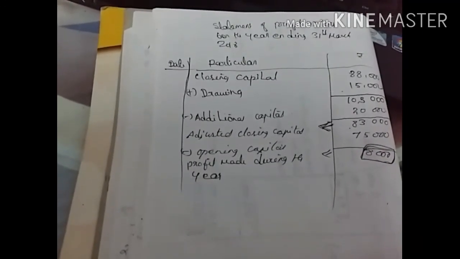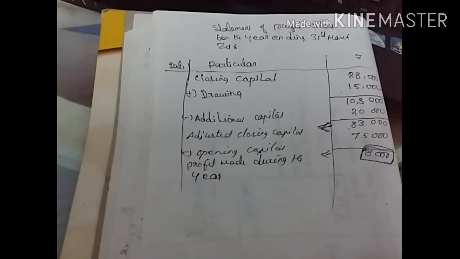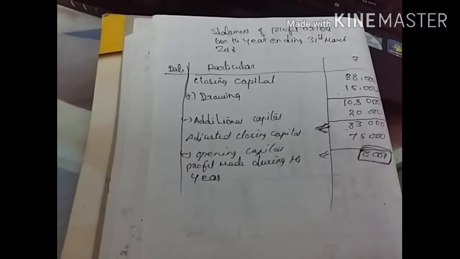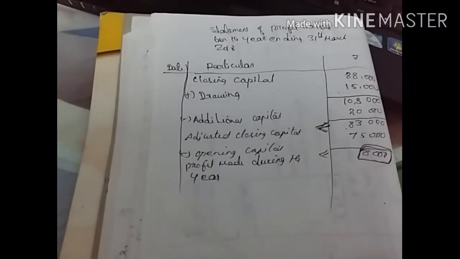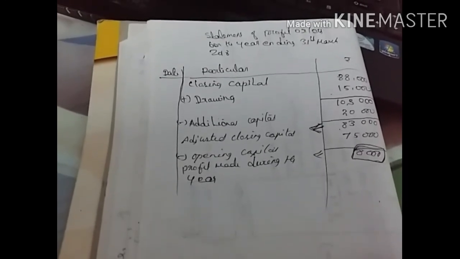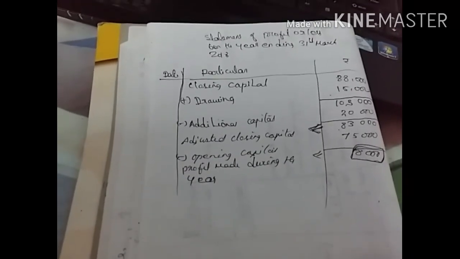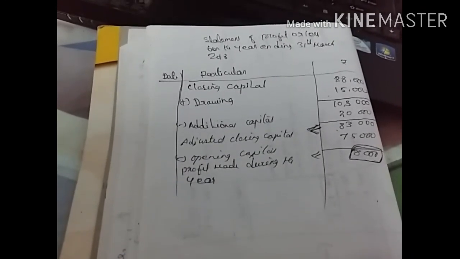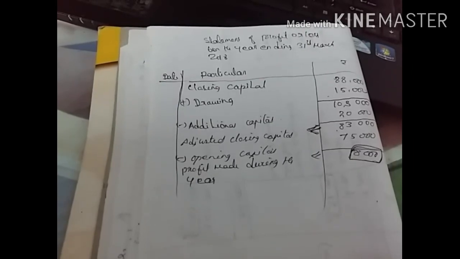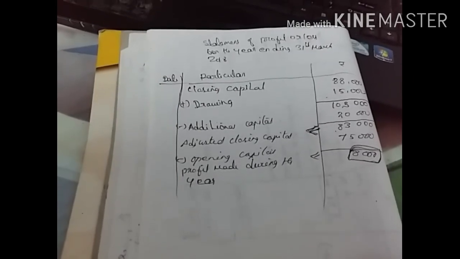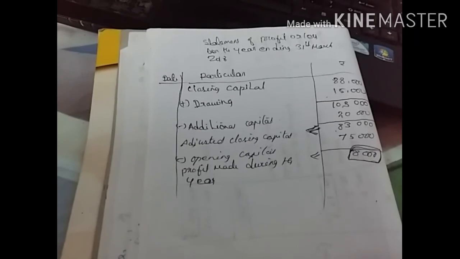Children, you must work out problems number 6 and 7. So 6 and 7 are the assignment. In the 6th problem, you have to find out the capital, so preparing a statement of affairs is enough. Then in the 7th problem, first you have to find out the statement of affairs, then you have to find out the profit or loss. So you must work out 6 and 7, page numbers 32 and 33.